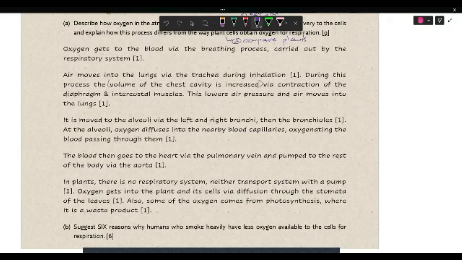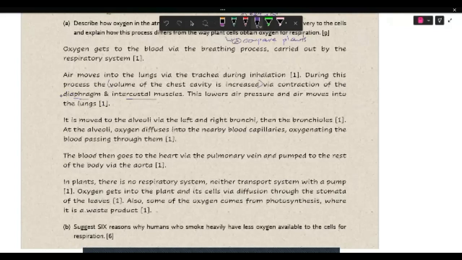How are we doing that? We're going to do that via contraction of the diaphragm and intercostal muscles. And once you do that, that would lower the air pressure and that would cause the air to move into the lungs from outside inwards, right?